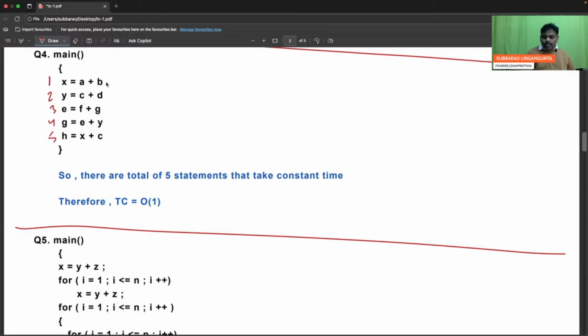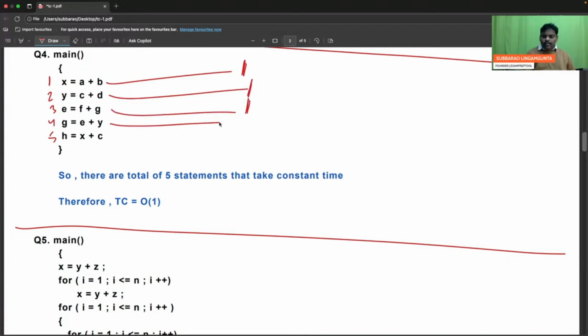Every statement's order of magnitude is 1 because there is no loop. Remember, time complexity normally means loops only. If no loop is there, every statement is 1, so with five statements it is 5.